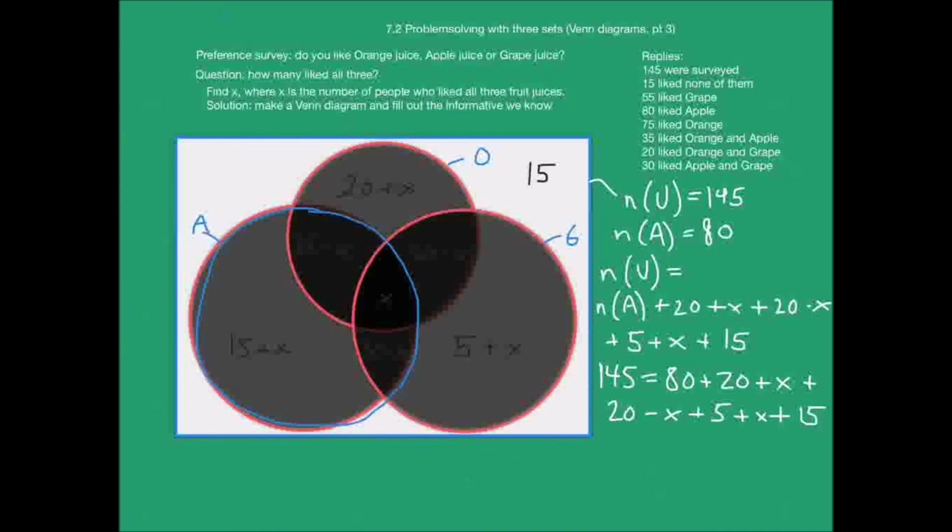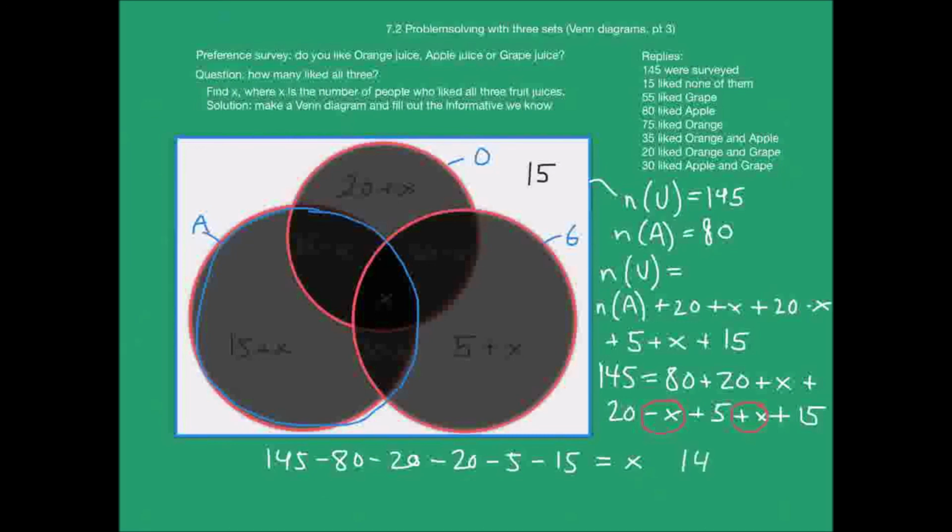Okay, so we have minus x and plus x here. That just disappears. So we're left with 145 minus 80 minus 20 minus 20 minus 5 minus 15 equals x.